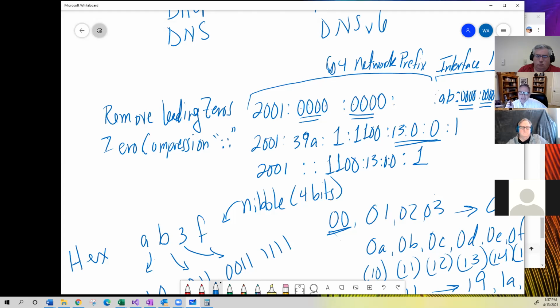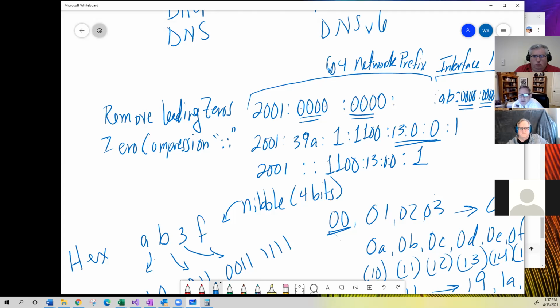And that way, if you stick to those rules, remove leading zeros and zero compression, then if you have a database of IP version 6 numbers and you search for a number, you have to make sure that you have those rules in place.